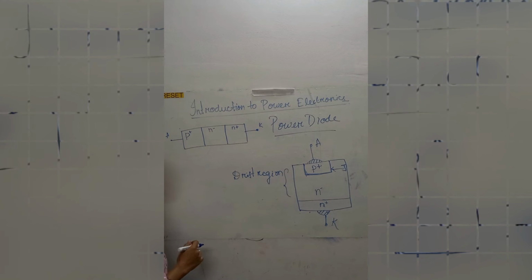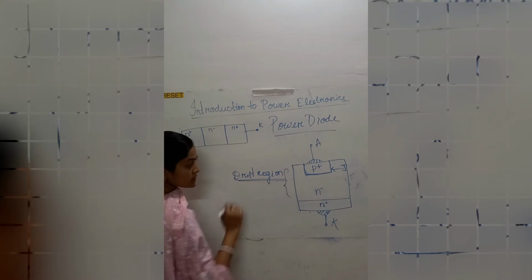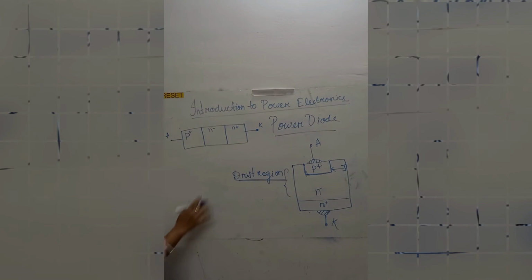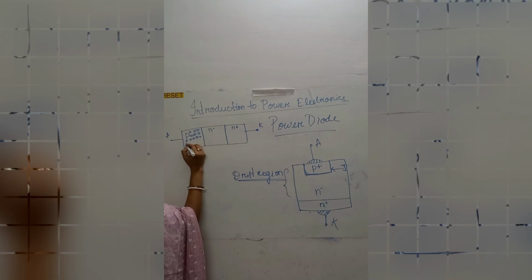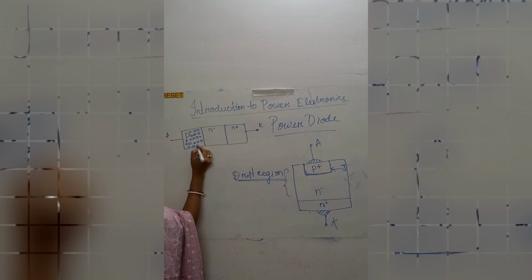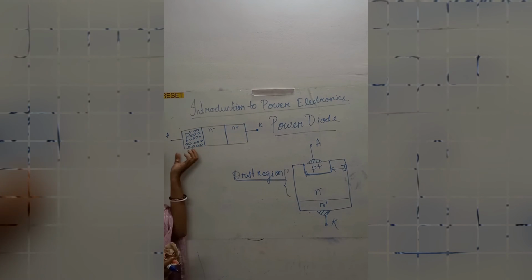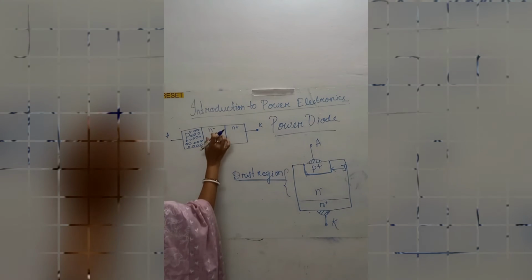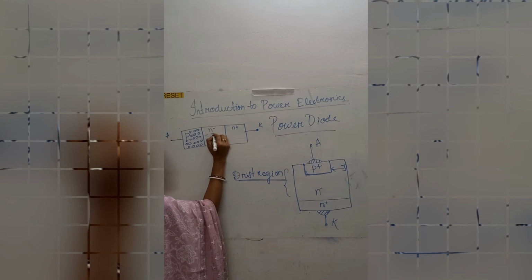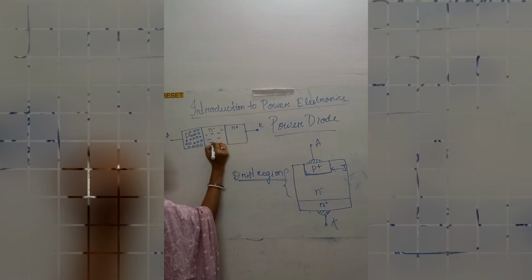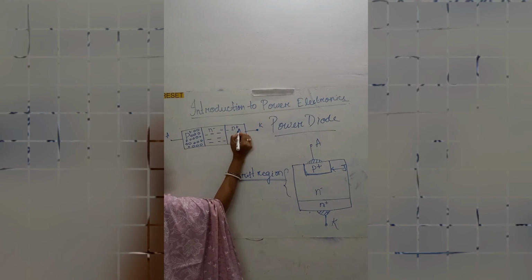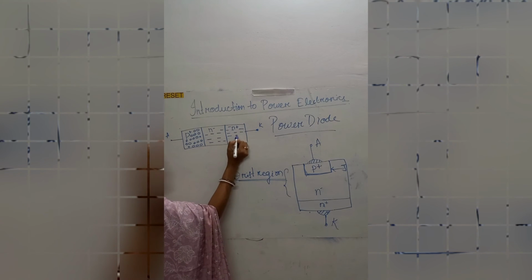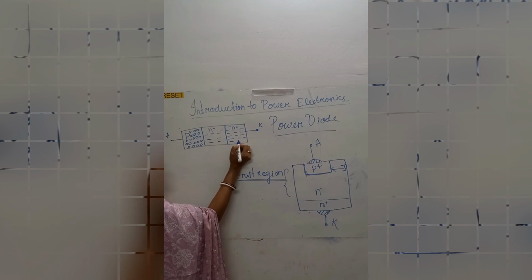Now what does this drift region do, we will get to know now. What happens when we say this is P plus layer? That means these are heavily doped. These are heavily doped positive charges. That means more amount of positive charges are present over here. N minus layer means less amount of negative charges are present. And N plus layer means a large amount of N, or we can say electrons, are present over here.